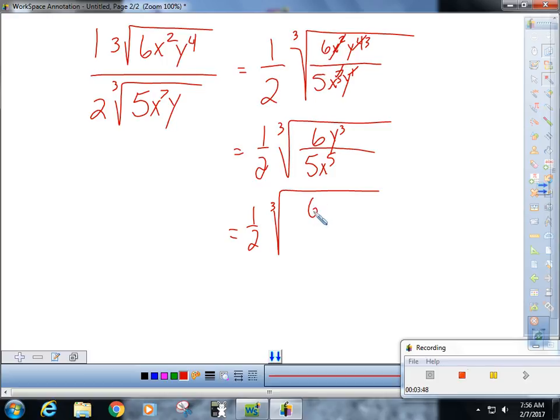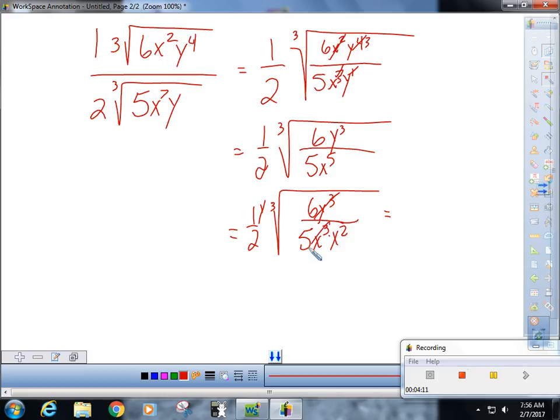Okay? So you get 6y cubed over 5x cubed times x squared. See what I did there? I took my x to the 5th, and I broke it up into something that could be taken out. So now, on the top, I can take this y cubed and write it here.